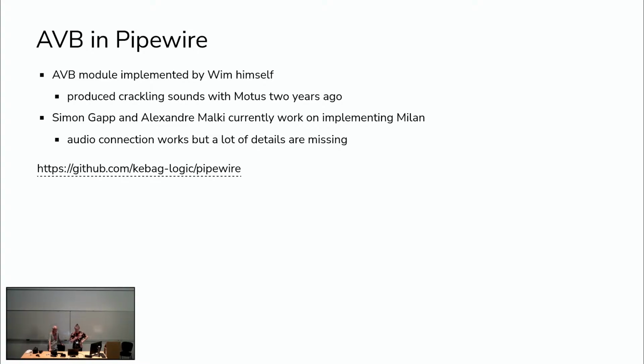Wim started this AVB module in PipeWire a couple of years ago. And when we tried it two years ago, we could connect a computer with a MOTU interface, and we produced beautiful crackling sounds. But it wasn't useful, and we didn't have the time to fix this problem.